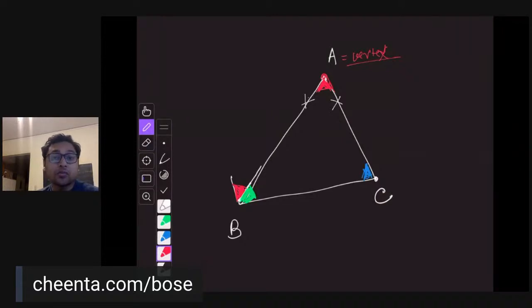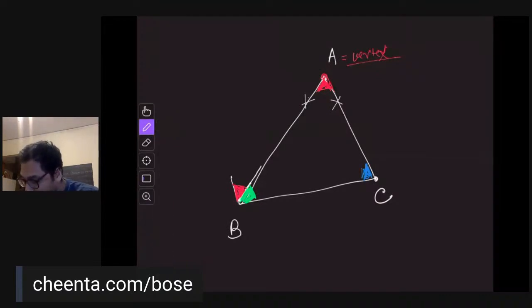Now what do you want to do with the blue one? Well, you want to do the same thing again. You want to cut this particular angle and place it beside the red angle.